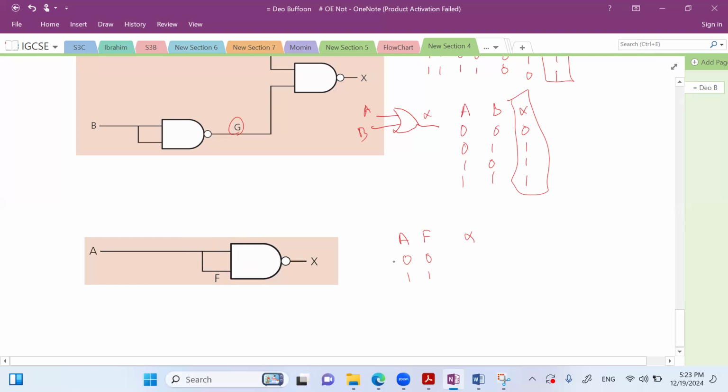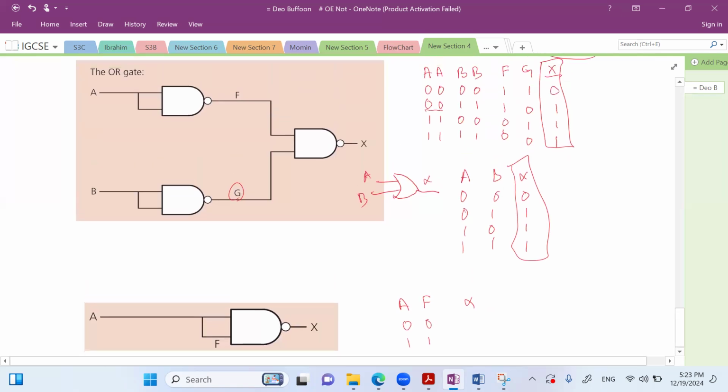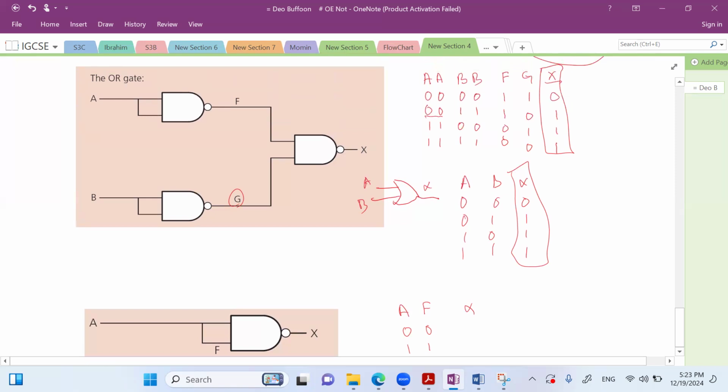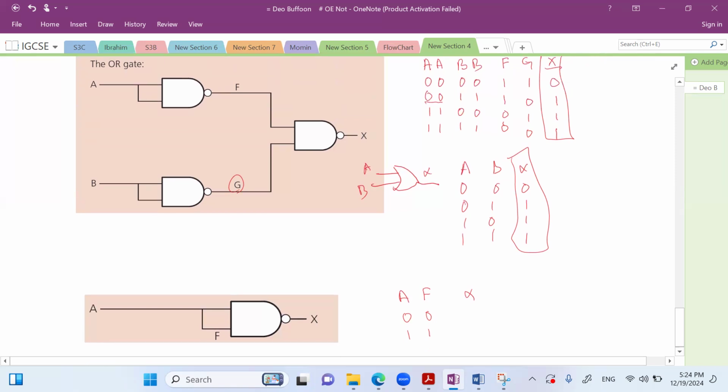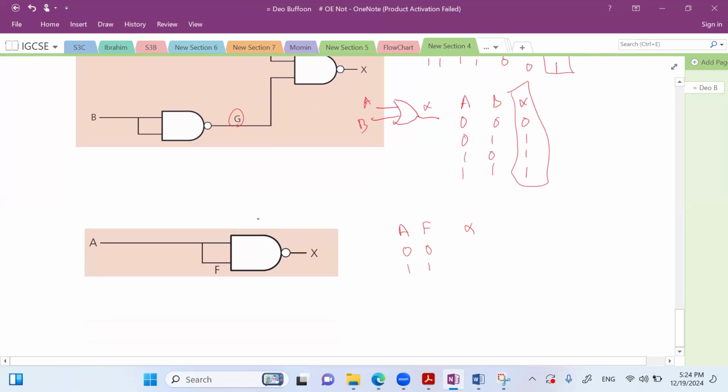Now, both A and F are going inside the NAND gate. So two zeros with the NAND will become 1. Two ones with the NAND will be 0.